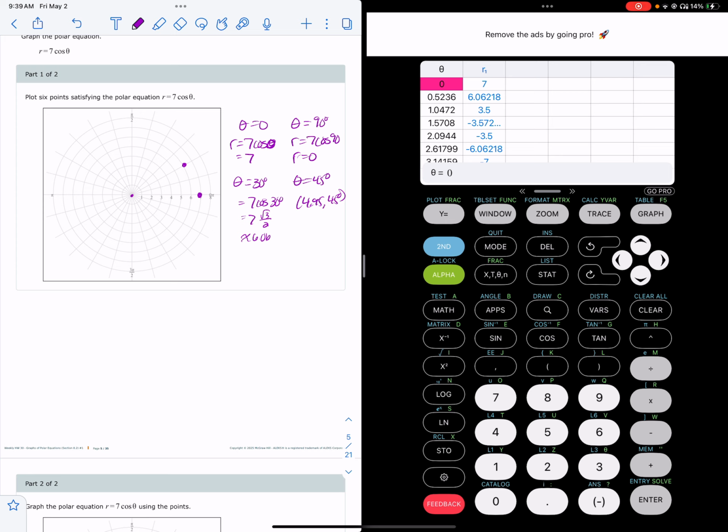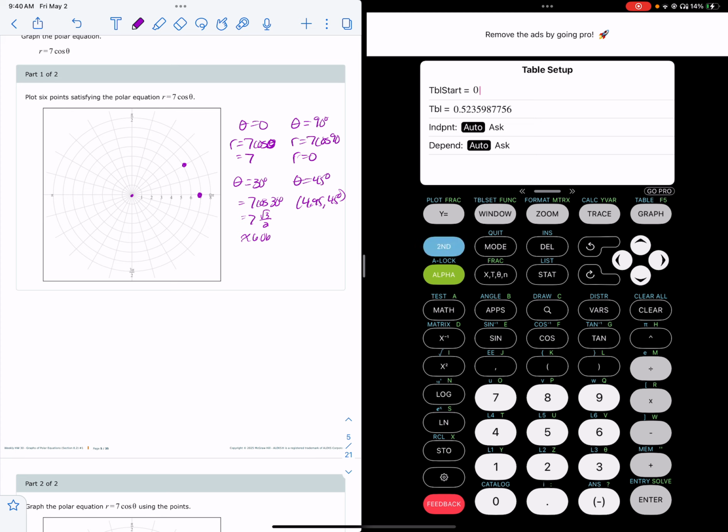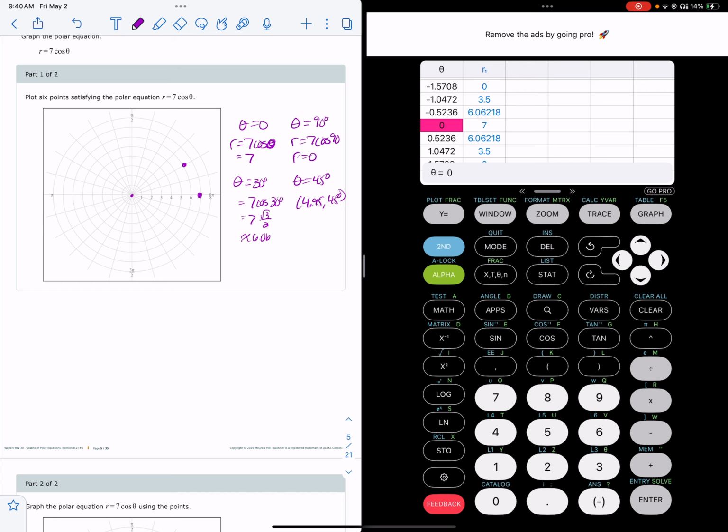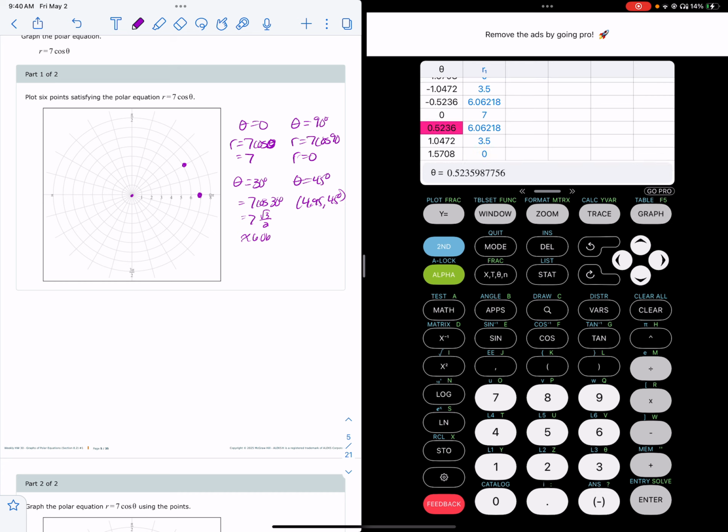Okay, that might work. If you go to table set, which is above window, start your table at 0 and make your change in table pi over 6, which is 30 degrees. And you have to enter it like that. Then go to your table. Every increment that you see is by 30 degrees.